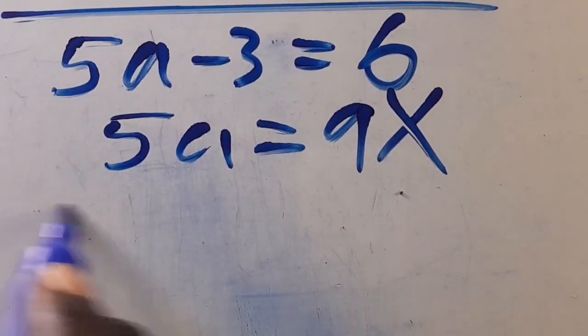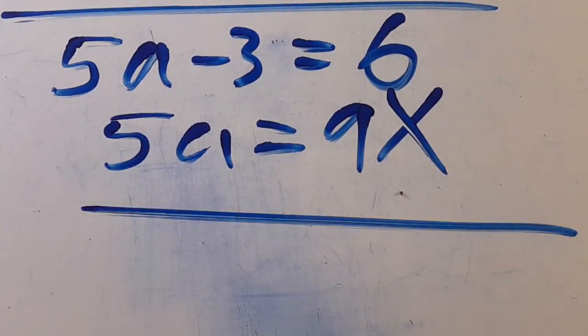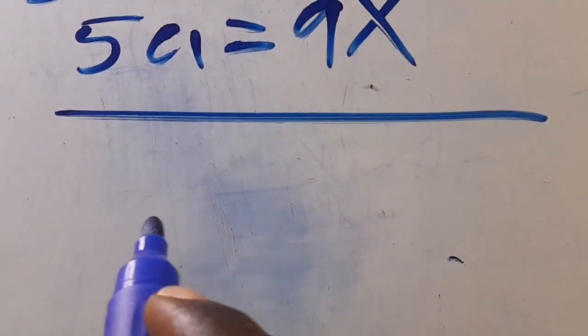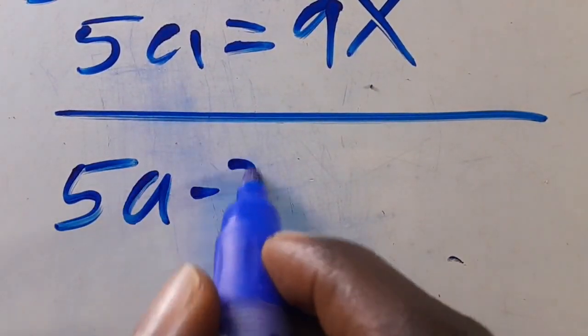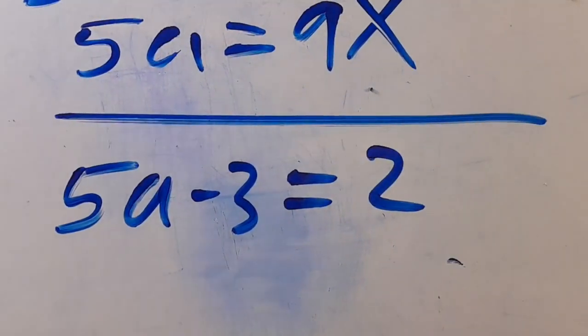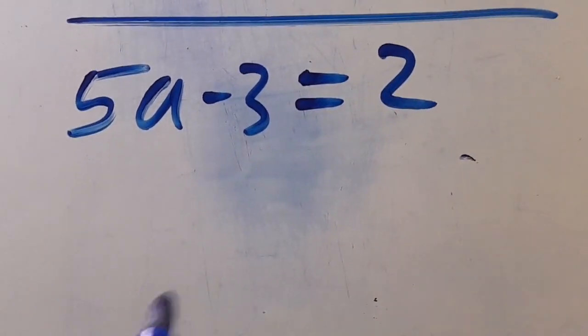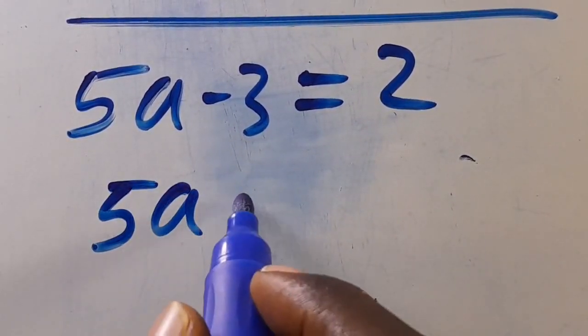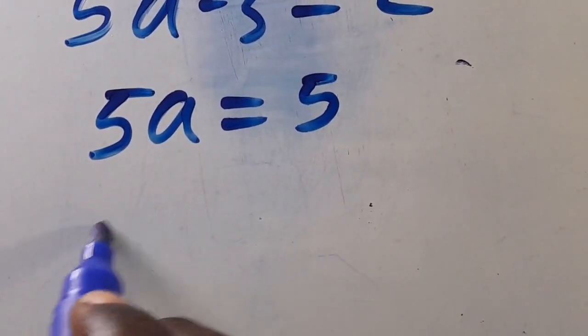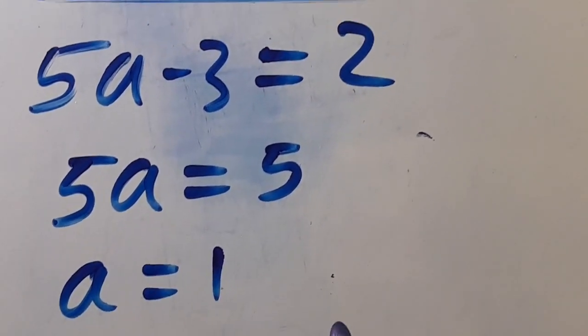So we're going to have 5a minus 3 to be equal to 2. So from here, we are going to have 5a equals 5, taking this one to the other side. And from here, our a will be equal to 1. Wow.